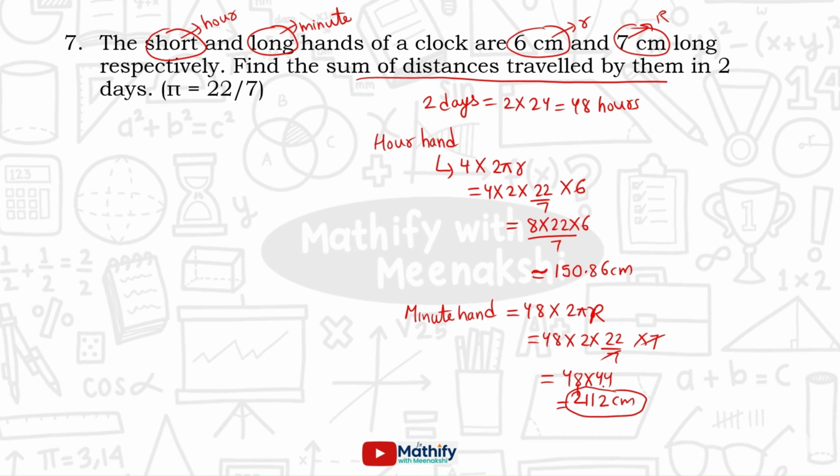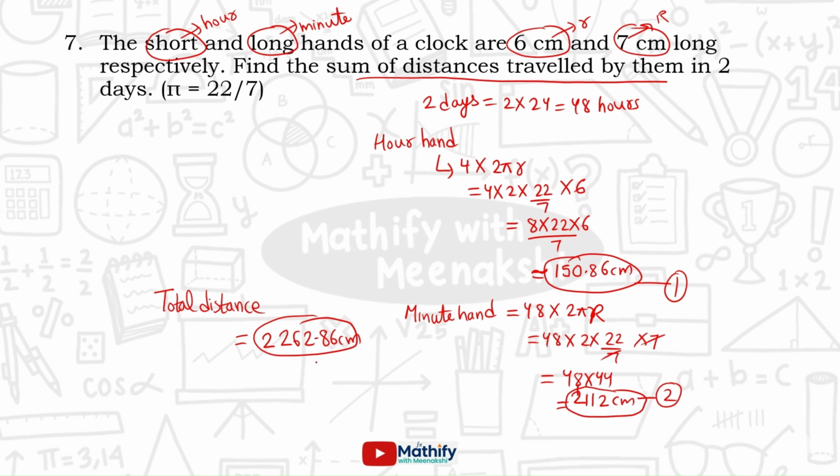Now we have to find the total of these two. But as you know that the one is approximate, that's 150.8, so you will get the approximate answer. Let's write total distance. If you add these two, it's 262.86 centimeter. Again, this is also approx.